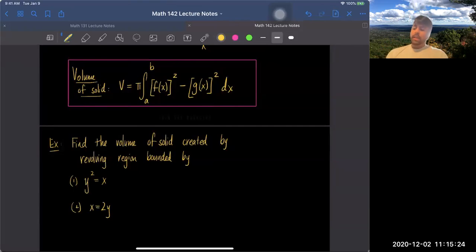I want to take that region, bounded by 1 and 2, and revolve it about the y-axis.